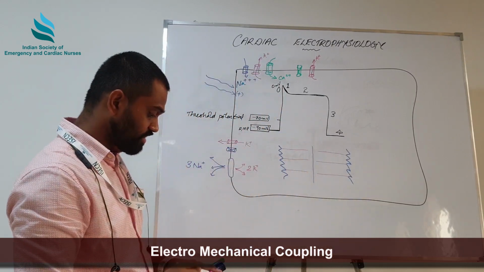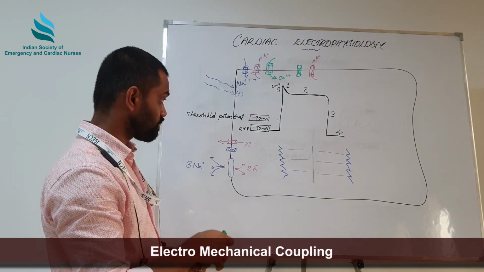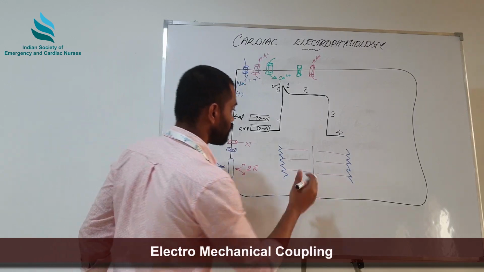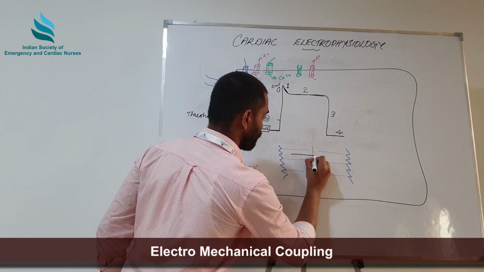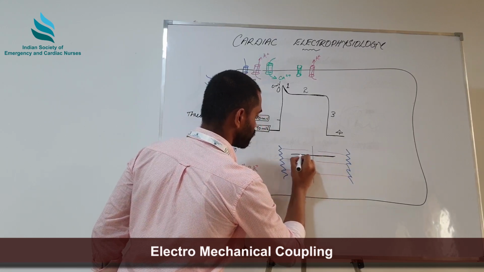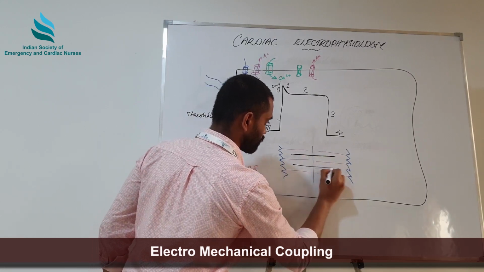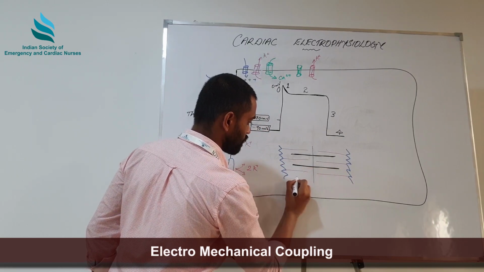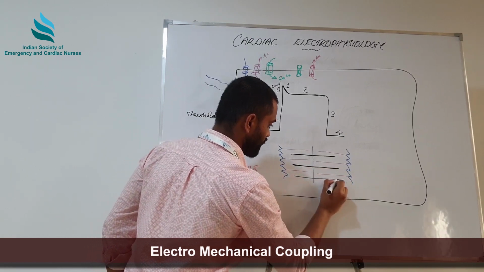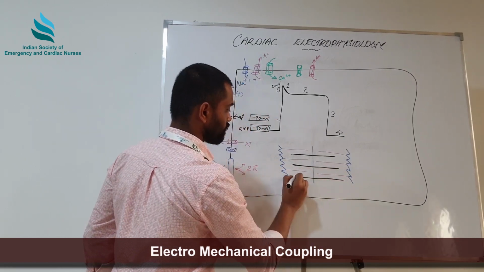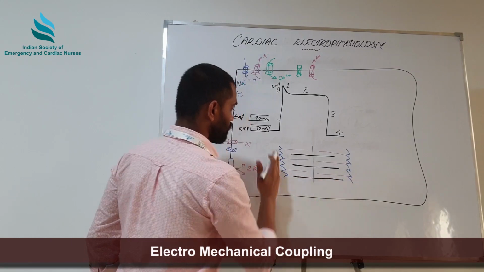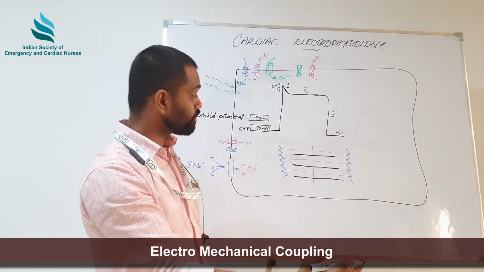And we have thick filaments. We have Z line becoming the boundaries of the sarcomere unit.